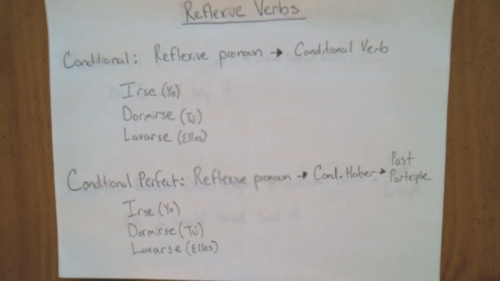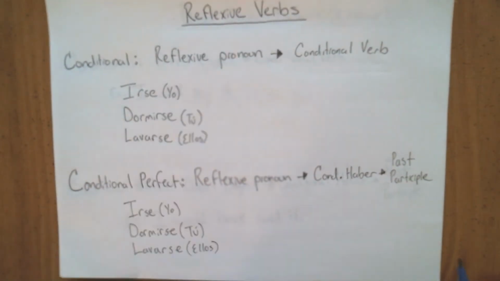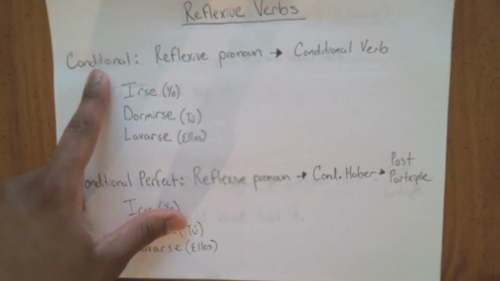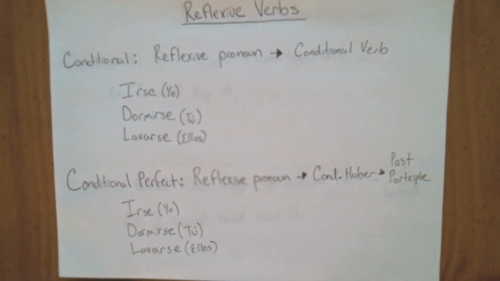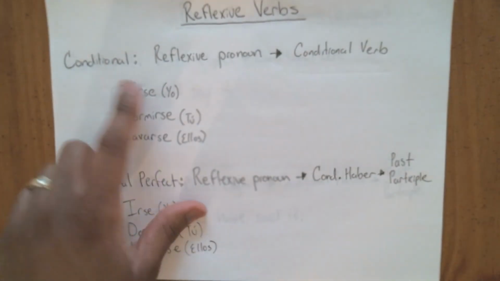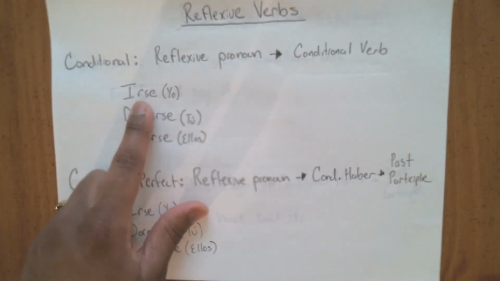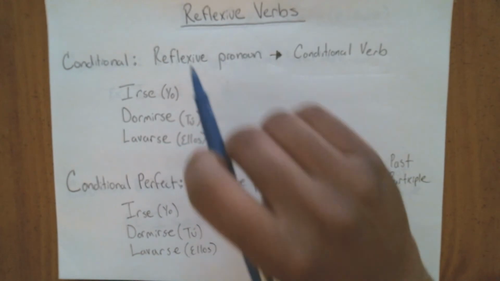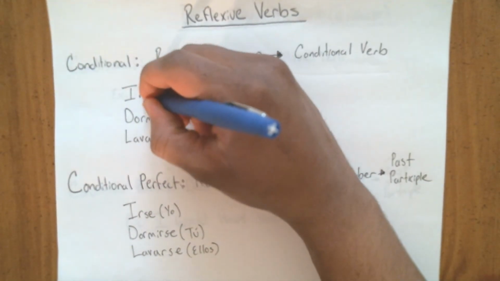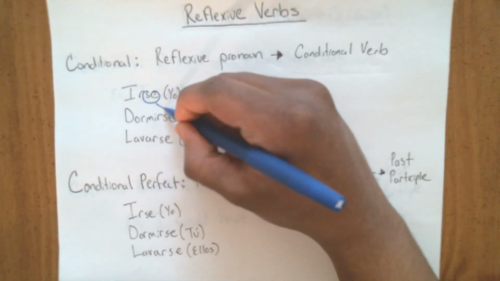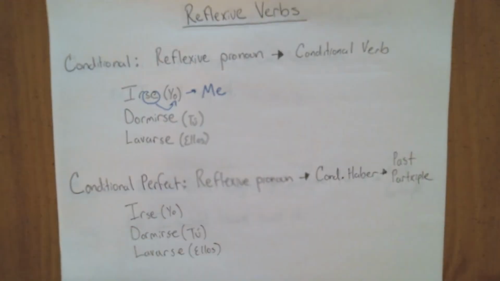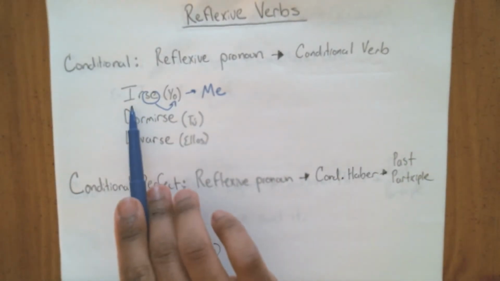So let's take a look at this. We want the yo form of irse. So we want it in the conditional tense. So what does conditional mean? It's would, of course. So we want to say, I would get myself out, or I would get out. So the first thing we do is we take our reflexive pronoun, which is se, and we put it in the yo form, which is me, and then after that we take our verb and put it in the conditional.